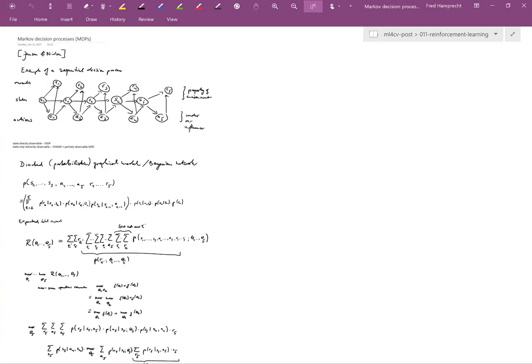I mean, when you said that the random variables depend only on the parent, yes, not on the grandparent. Yes. Can you? Okay.